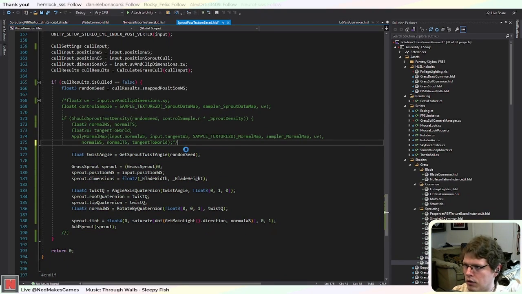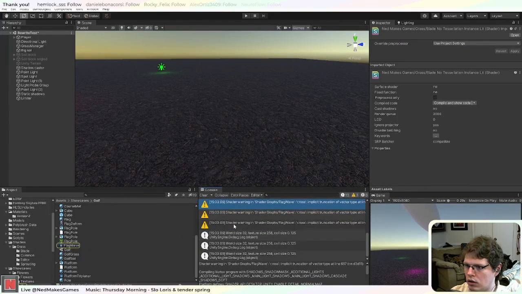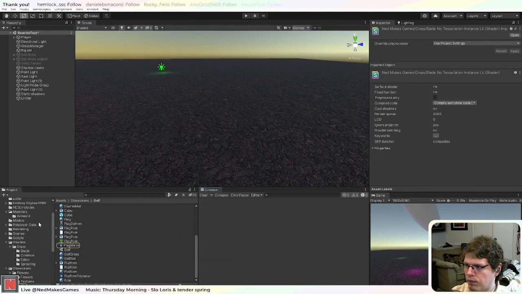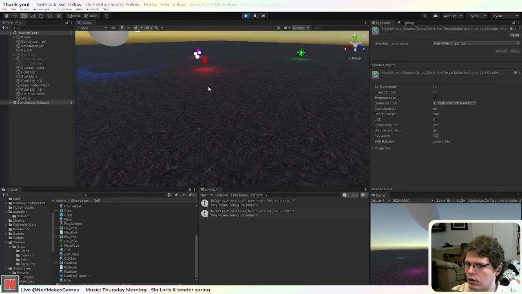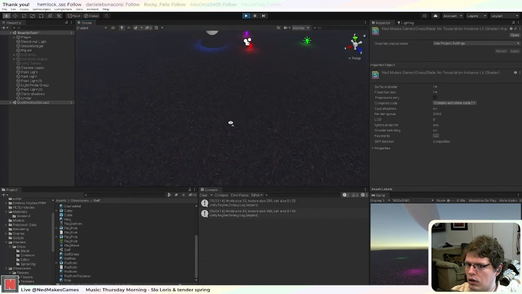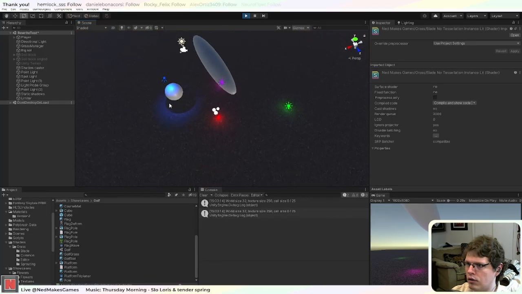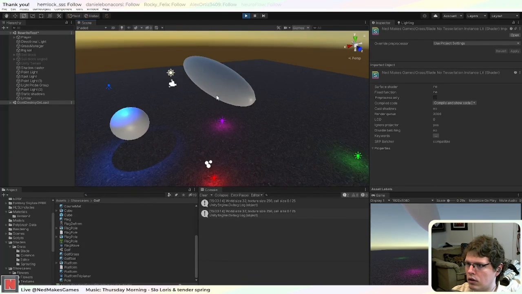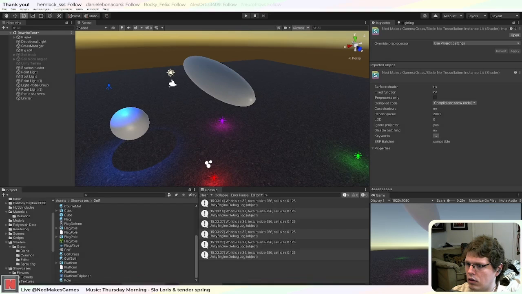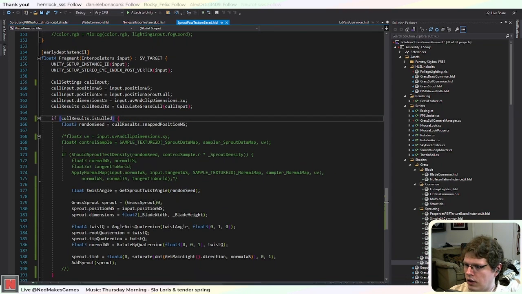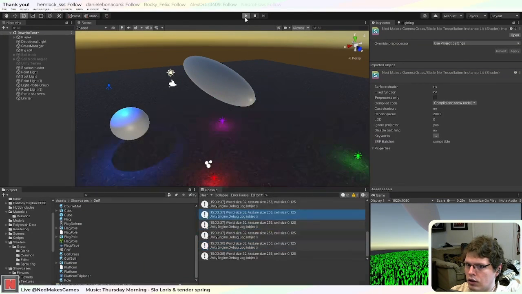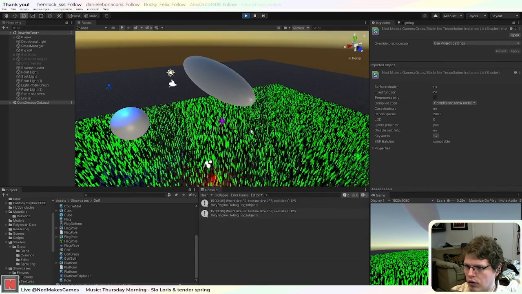Oh, there's too many. Okay, so everything is being culled, looks like. This is a test that we can flip this around. Yeah, so everything was being culled.